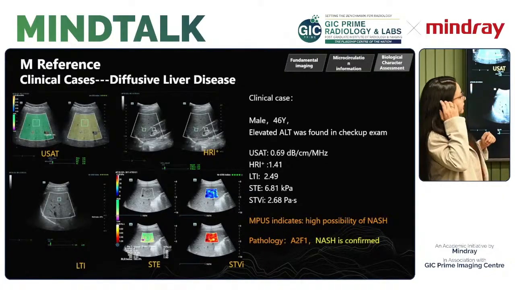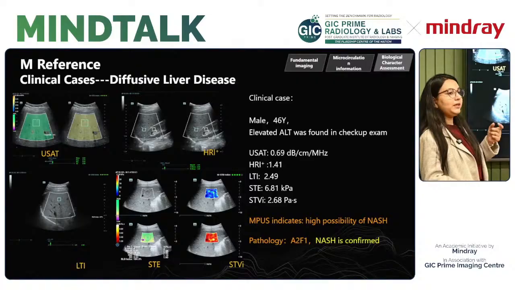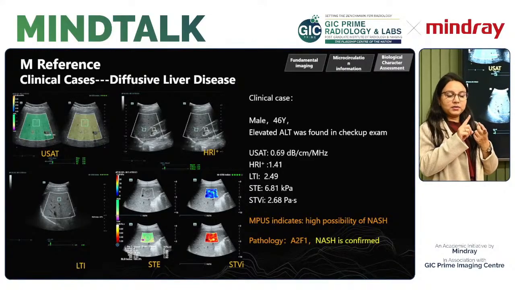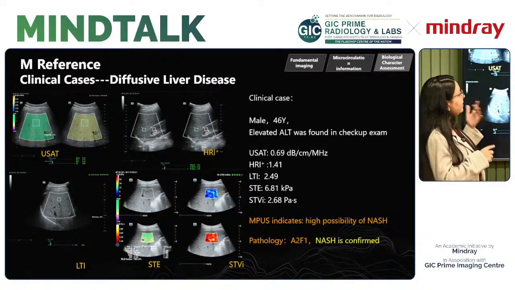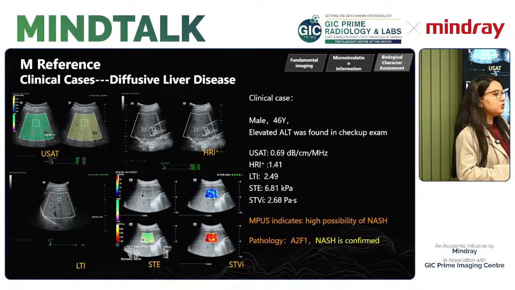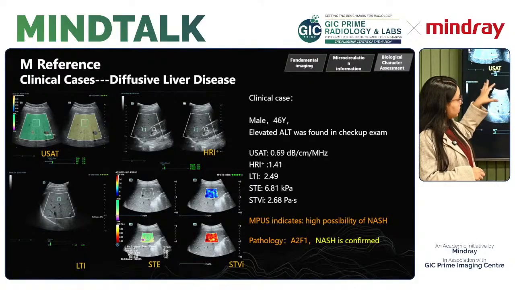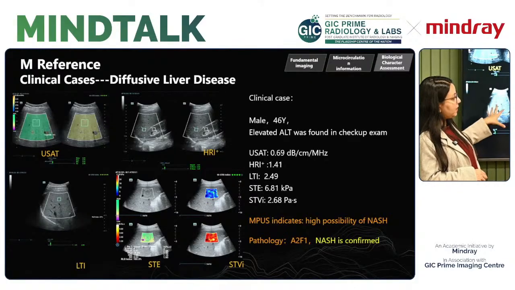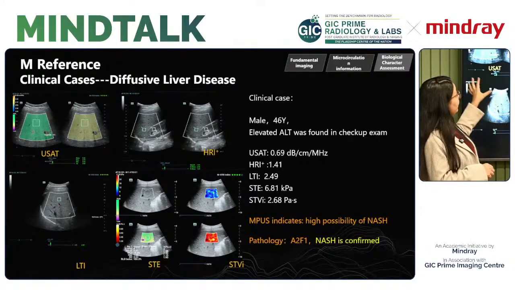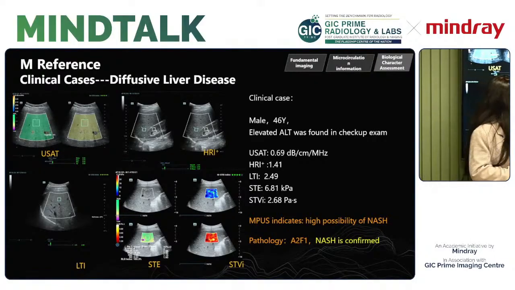And what even Dr. Heta ma'am told, that we are getting the information about the liver lab for the staging of the liver steatosis, then staging of the liver fibrosis, and now we are coming up with something very interesting called viscosity. So viscosity is also now available with our Resona A20, and with a single breath hold, sir, you are able to get all these four parameters.